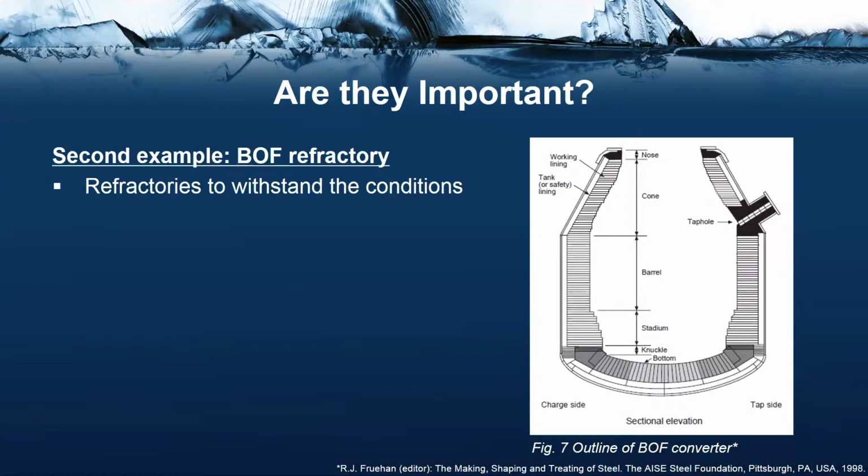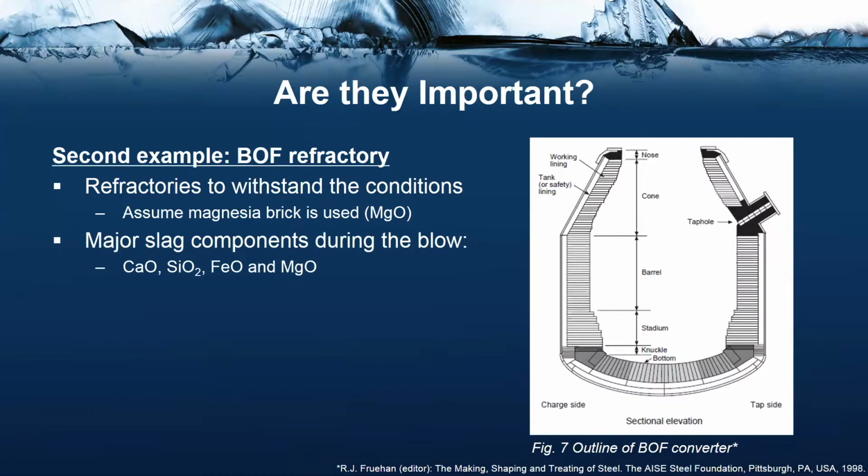Assume that we have magnesia brick, which is MgO. The BOF slag composition varies during oxygen blowing, but the major components are CaO, SiO2, FeO, and MgO. One of the desired outcomes of the process is to lower the sulfur and phosphorus content in the melt.